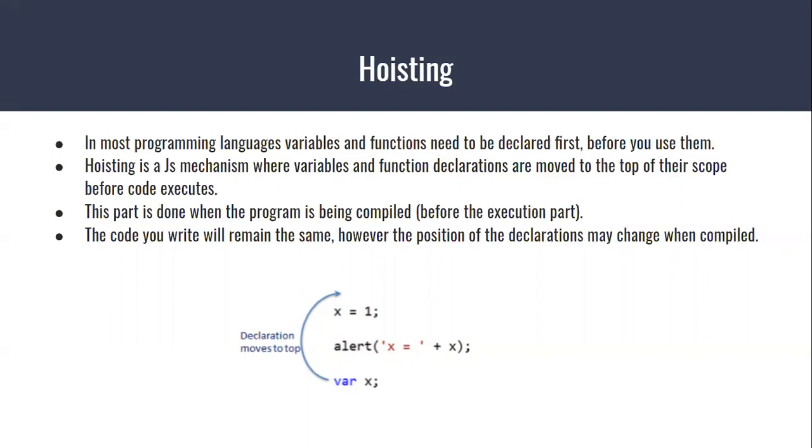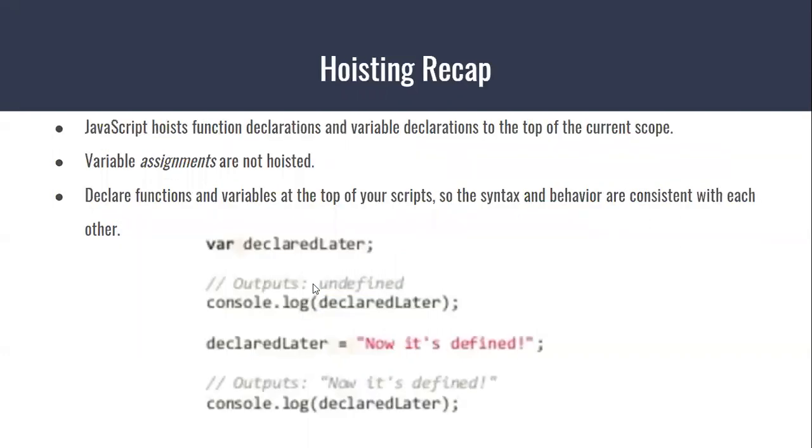So in JavaScript, really strange, they do something called hoisting, where they move it to the top. To recap, JavaScript hoists function declarations and variable declarations to the top of the scope. Variable assignments are not hoisted. Declare functions and variables at the top of your script.